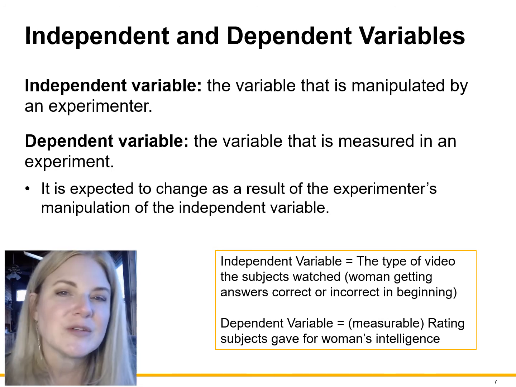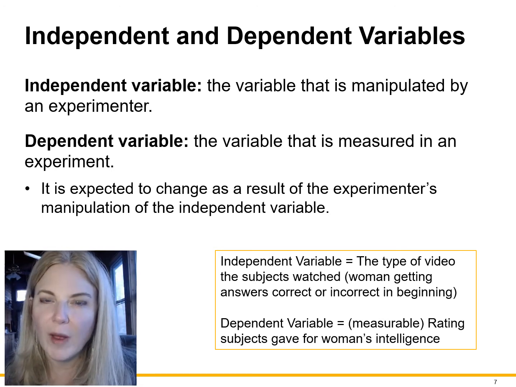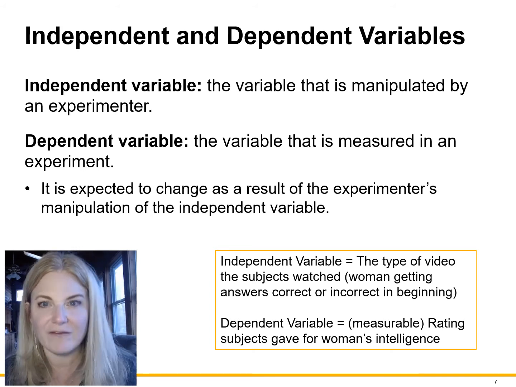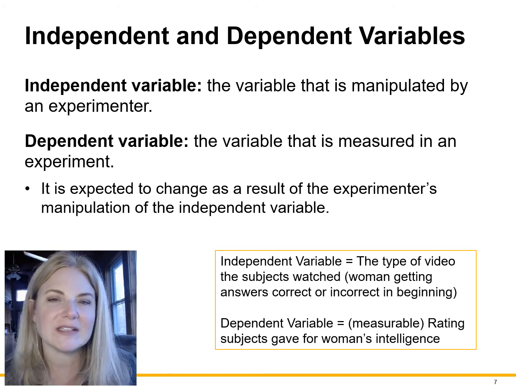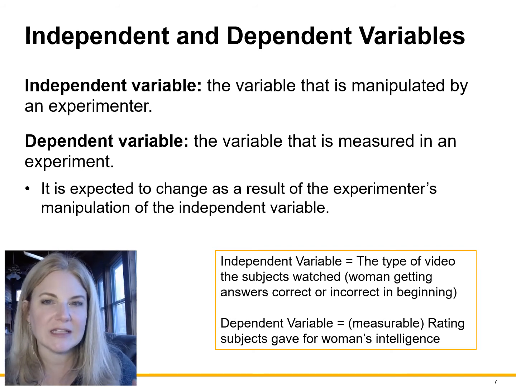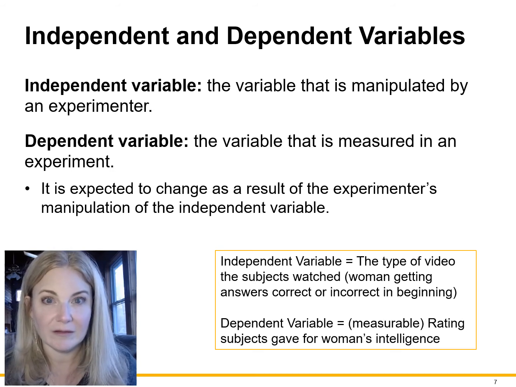So when I was in graduate school, I had to do a psychology experiment. And one of the ones that I did was I had a video of a woman answering questions. And the subjects would know whether or not that woman answered correctly. So in condition A, they saw the woman answer correctly.